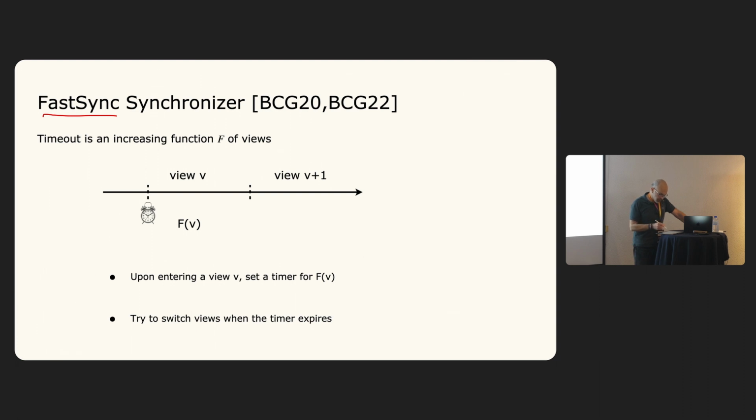Upon entering a view, I set a timer not for a fixed timeout, but depending on this function that I was instantiated with. Examples of this function can be an exponential function, which makes sense to use because it grows very fast. And when the timer expires, I try to switch views. So how do I switch views?